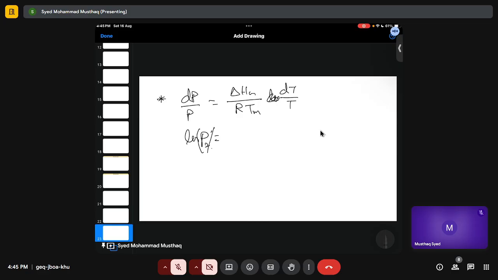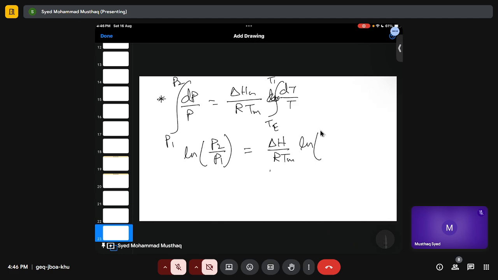Okay, take this one, P2 by P1. Just I can take it. Differentiate, integrate, D1, D2, T will be log P2 upon P1, delta H upon dm, d2, d1 upon t upon te.